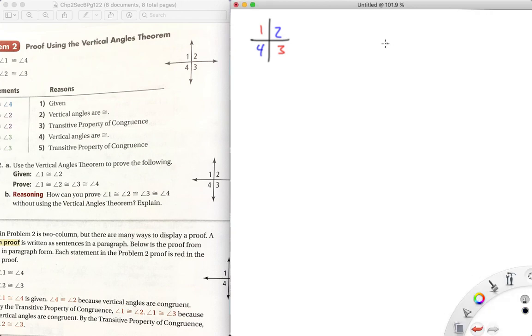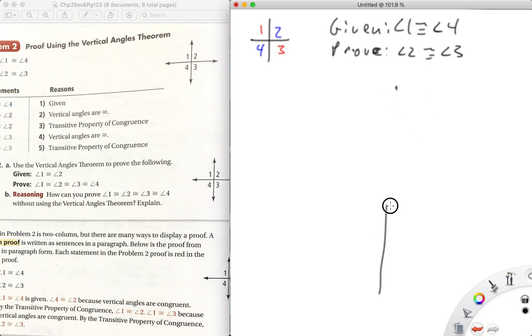We're given that angle 1 is congruent to angle 4. And we have to prove that angle 2 is congruent to angle 3. It's a 5-step proof.